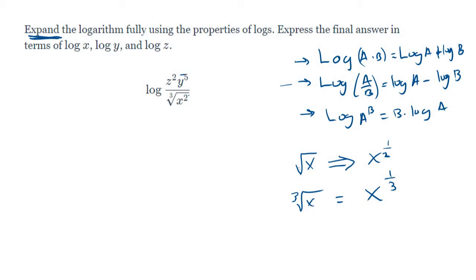So let's say there's a power involved, like a square root of x to the 5th, for example. You're going to remember that this can be written like this: there's a square root, and then there's a power. So if you multiply the 1/2 with the 5, you get x to the power of 5 halves.